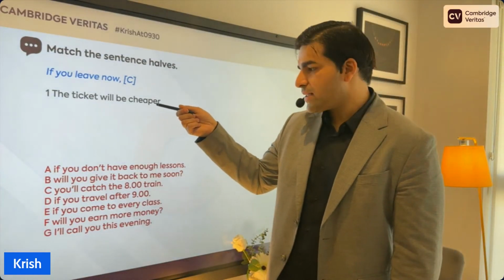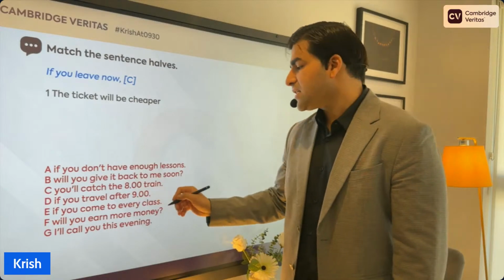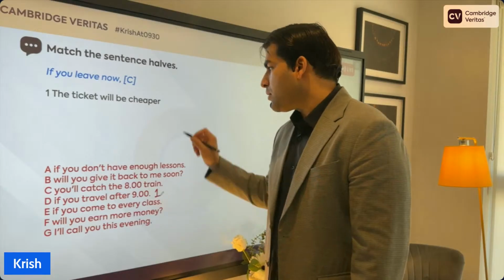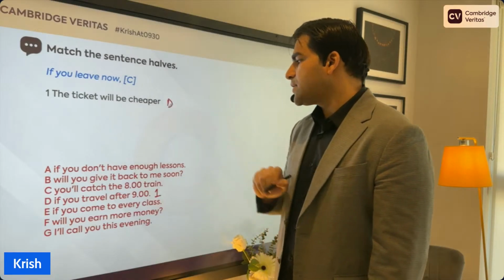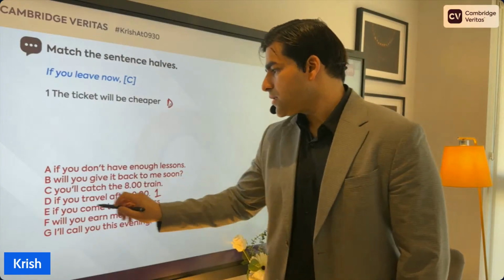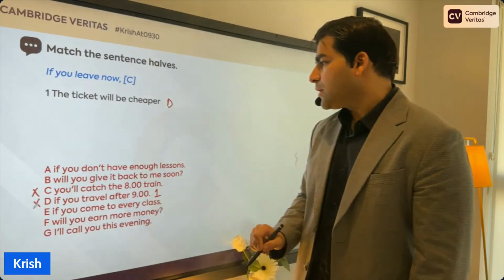No, it's number 1 still. But yes, you're right, Kausar. If you travel after 9, so it is 1. Or this one is D. Super. All right. So C is done. D is done.